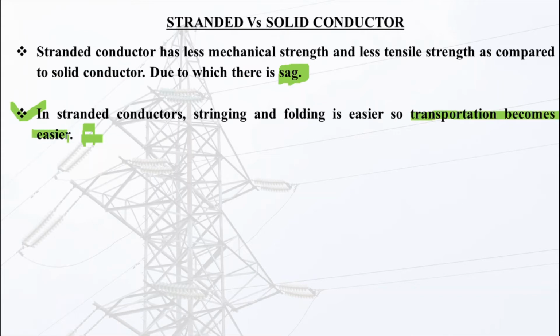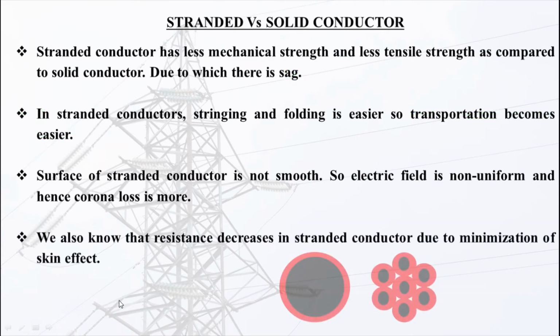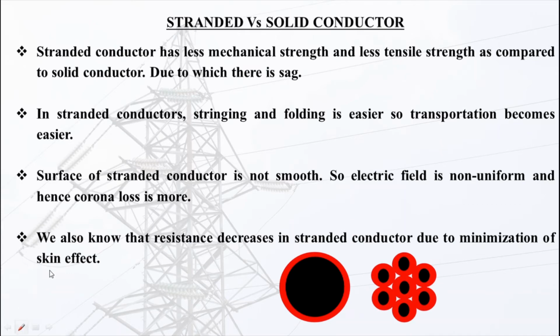Now see, the surface of a stranded conductor is not smooth. See this diagram. In these two conductors, we can clearly see that the cross section of the solid conductor is more circular and more uniform, while the cross section of this stranded conductor is irregular. It is non-uniform. The non-uniform surface of the stranded conductor has irregularities.